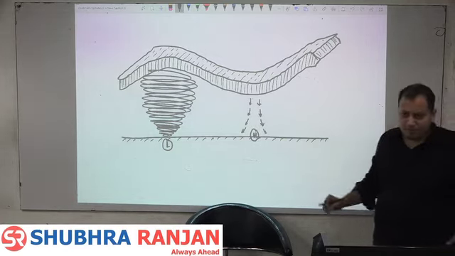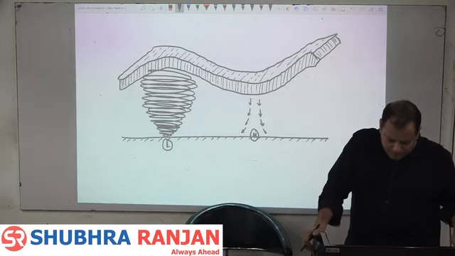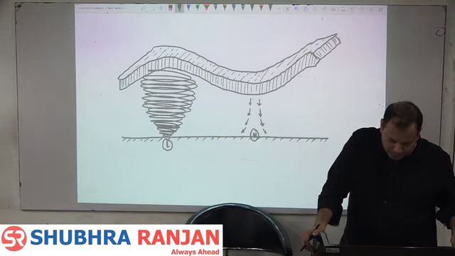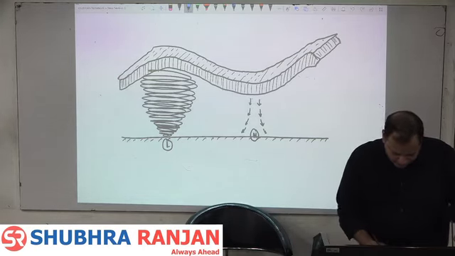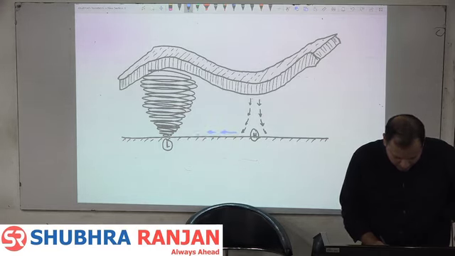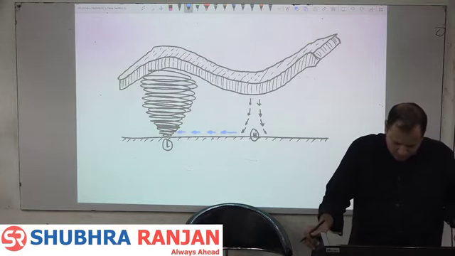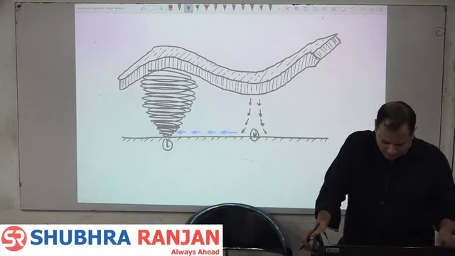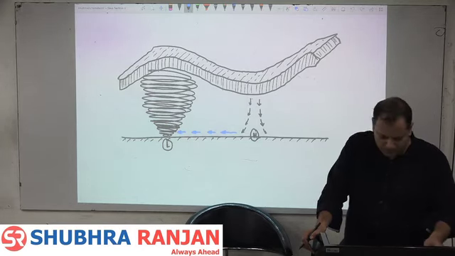Next, where the jet stream forms a depression, it is associated with descending air currents to give rise to anticyclones.